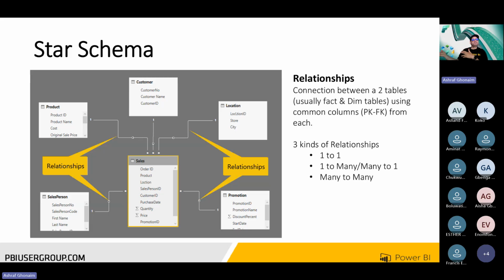I cannot use, for example, the address, because multiple people can live in the same building. I cannot even use the phone number, because you can have two customers within the same household using the same phone number, like a couple, a wife and husband, or two people living together in the same house.